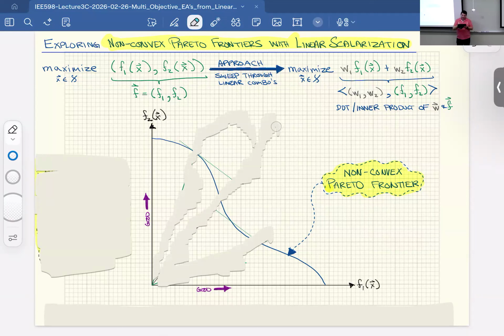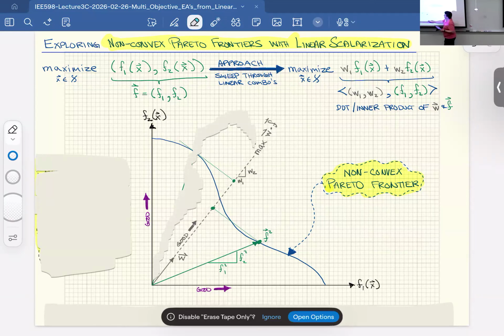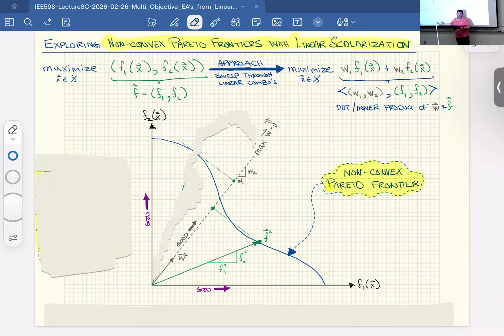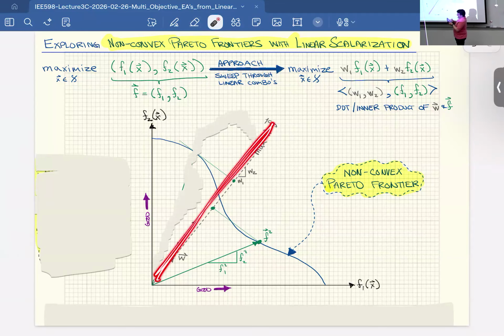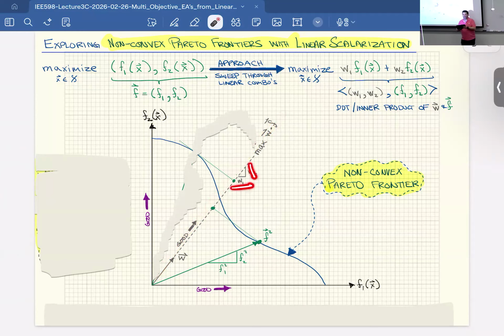So really what you're doing is creating a new axis, which represents the particular balance of trade-offs that you care about. This line right here has a rise of W2 and a run of W1. So its slope represents the balance between the two weights that you've chosen for this particular objective.